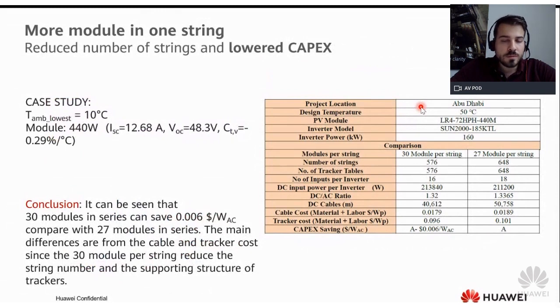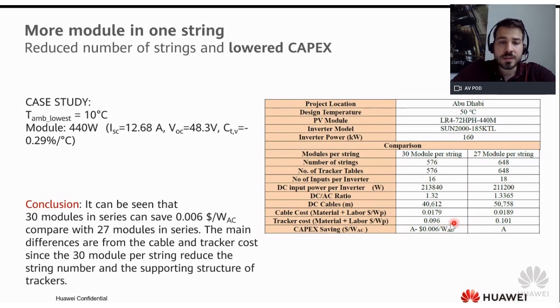And also, this was about yield. But the other case is that if we are using fewer strings, but longer strings, it means that we can save on cables. We can save on the modules, the mounting structure, or like the tracker cost. So this is just a short calculation also for these two scenarios, 27 and 30 modules per string.